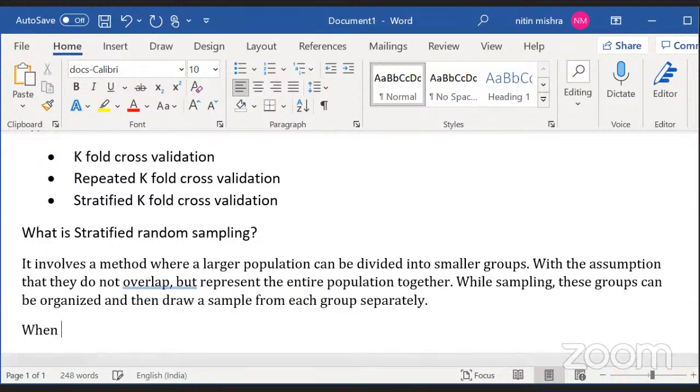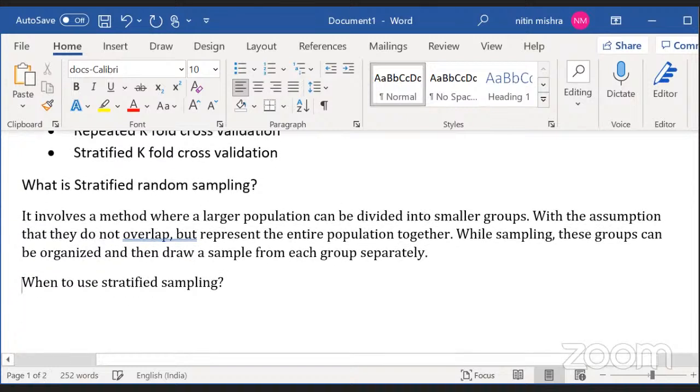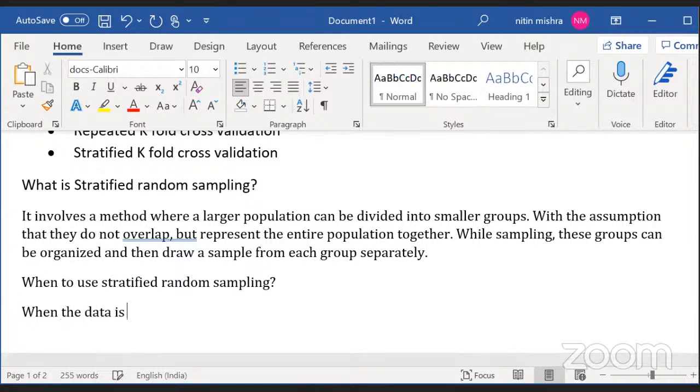Now the follow-up question will be, when to use stratified random sampling? When the output data is imbalanced, one of the methods.